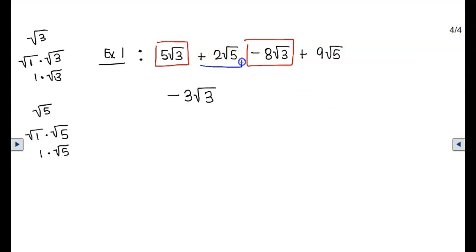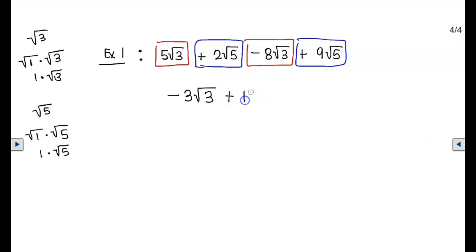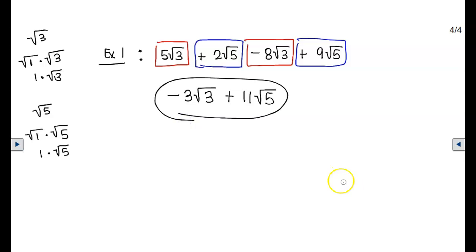Now I can also do positive 2 square roots of 5 plus 9 square roots of 5. 2 plus 9 is 11, so I have plus 11 square roots of 5. And that would be my final answer. That's as far as I can go.